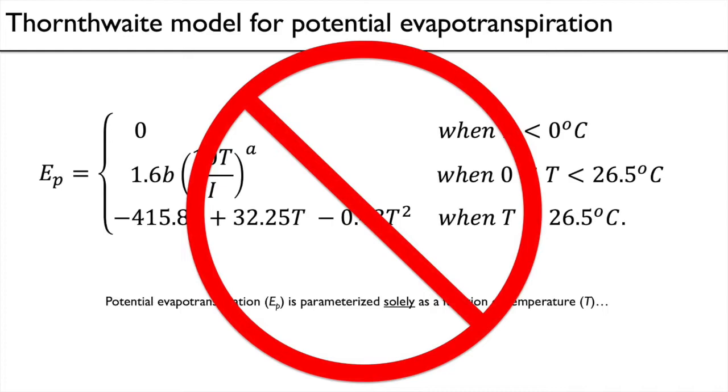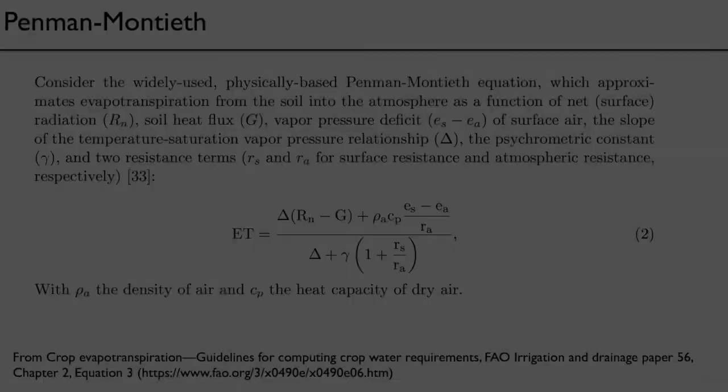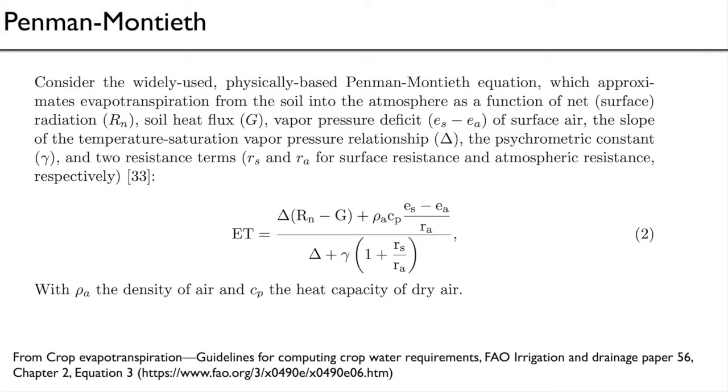For climate change applications, or any application that uses multiple decades of data where the temperature might be changing because of climate change, its limitations make it not very attractive. So you should avoid it if you can. So an alternative that's more common, still relatively simple and better to use, is the Penman-Monteith approximation. You can read faster than I can talk, so I'll let you look at this.